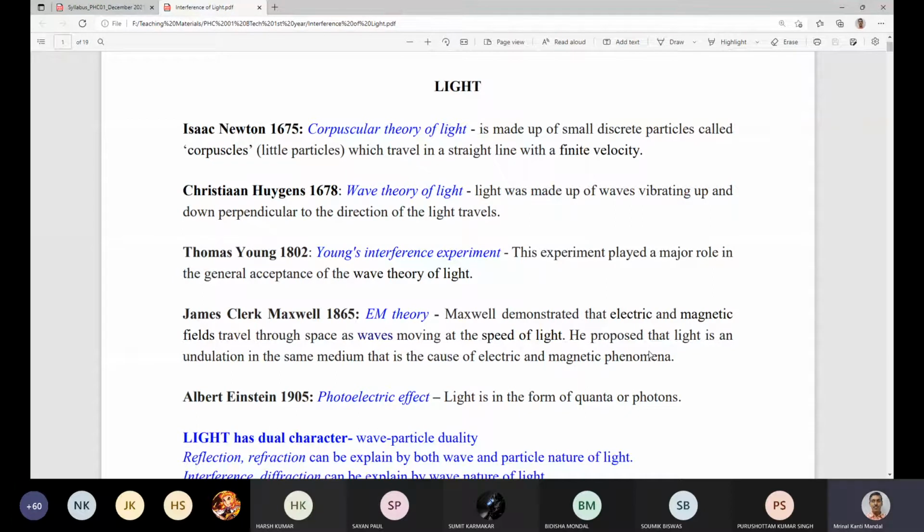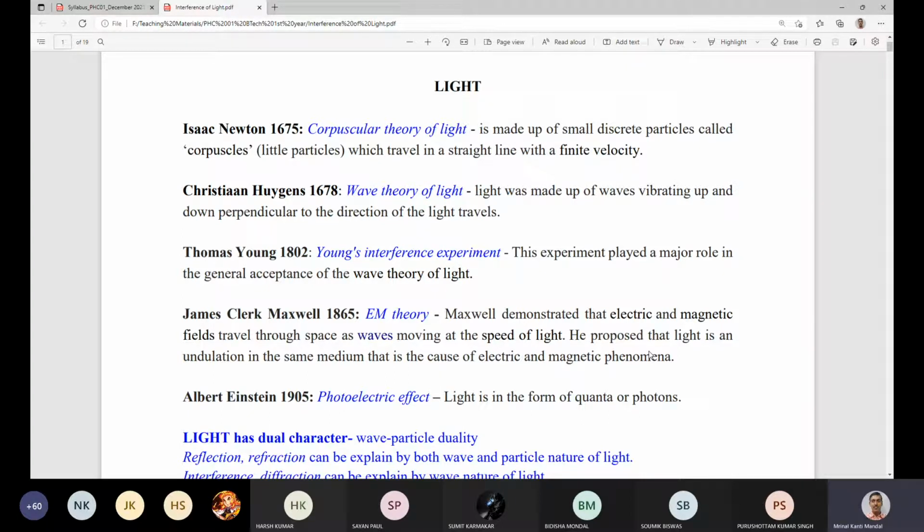So according to Newton, light is in the form of very small, teeniest particles, later on called photons, which travel in a straight line with finite velocity.